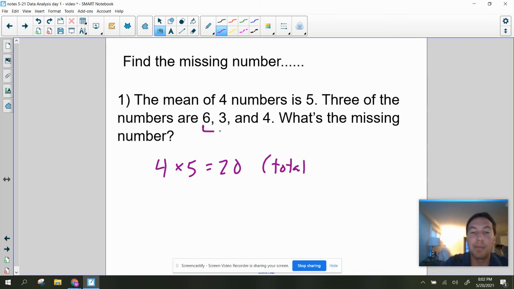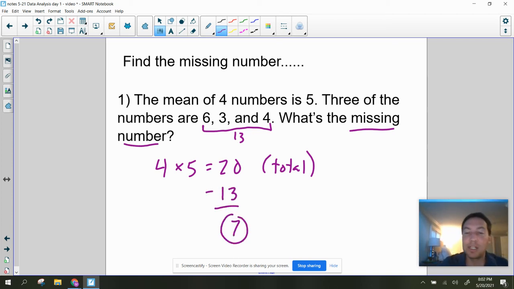The numbers that I'm given here add up to 13. So what do you think my missing number is going to be? It's going to be 20 minus 13. My missing number is 7. If you want to check that, 3, 4, 6, and 7: is the average of those 4 numbers 5? It is, and that's your answer.